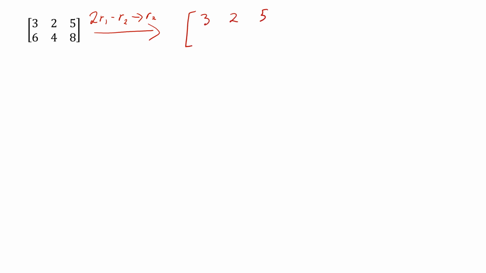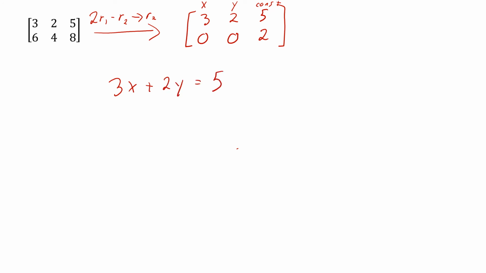But my row 2, I get 0. 2 times 2 minus 4 gives me 0. 2 times 5 minus 8 gives me 2. And I've got a problem here. Because remember, this is my x, this is my y, this is my constant. So let's write this out. What do I have? I have 3x plus 2y equals 5.